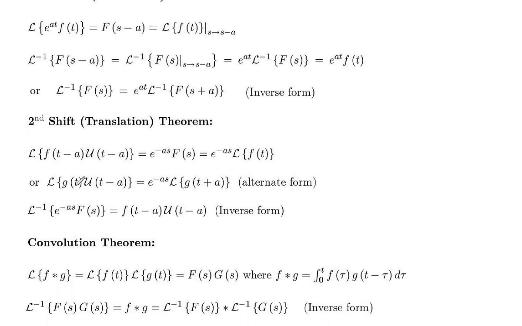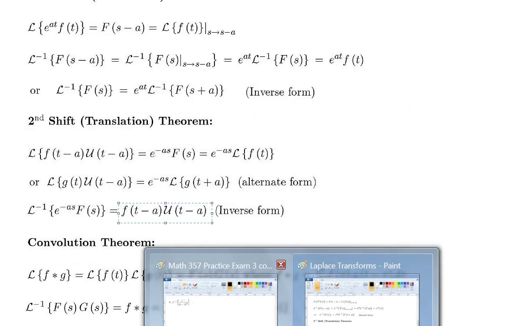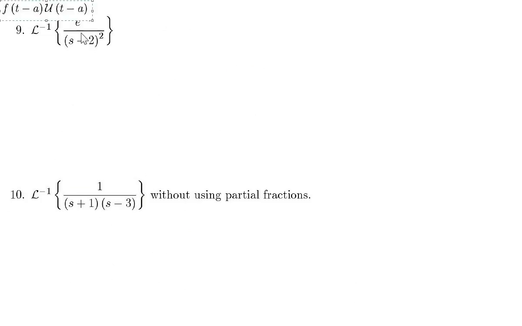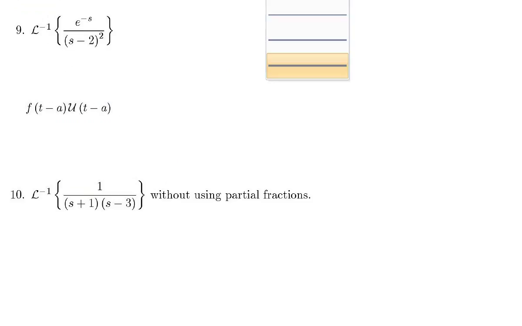So that's the second translation theorem, and we are going to get a shifted little f along with a unit step function there. So let's grab this and bring it back over to our problem. So we have to find f of t minus a, u of t minus a.